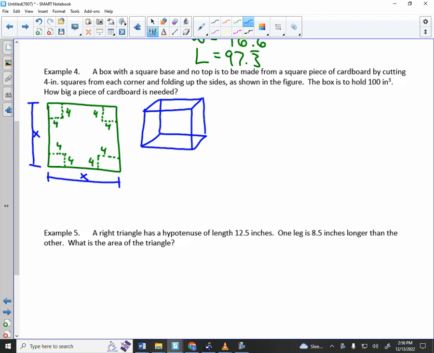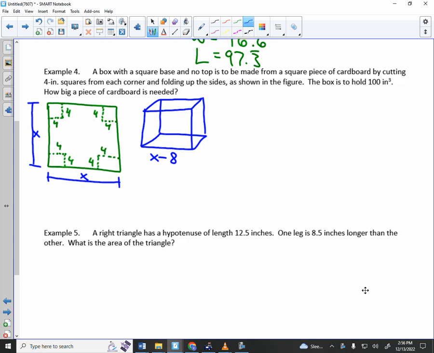Can somebody tell me what the base is going to be? Is this base going to be longer than x, shorter than x, or the same length as x? Shorter by how much? 8 less than, right? So it's going to be x minus 8.